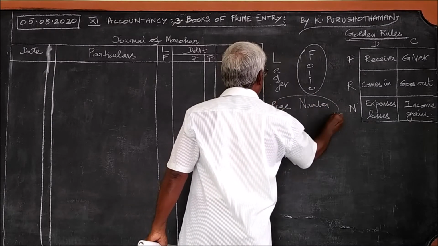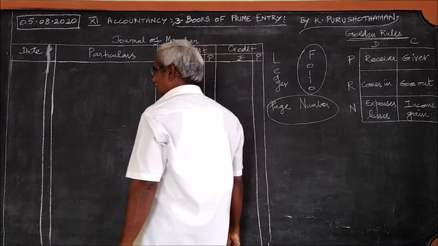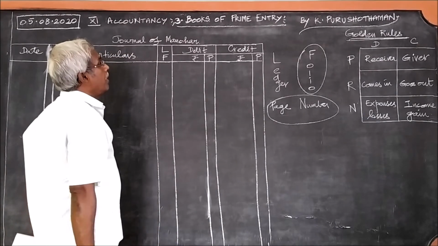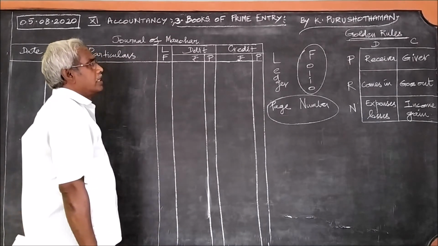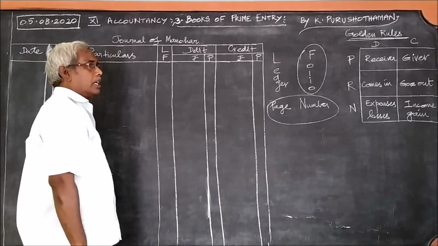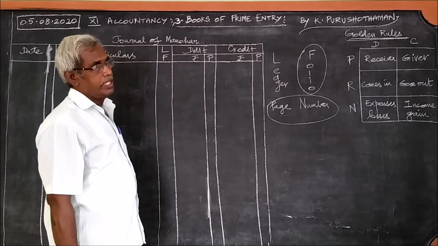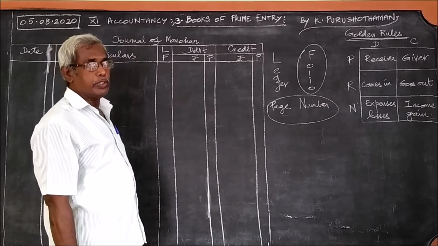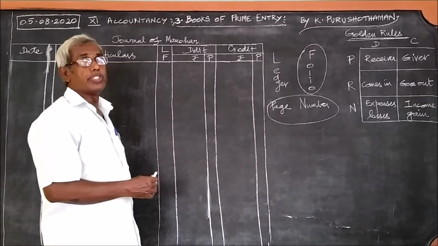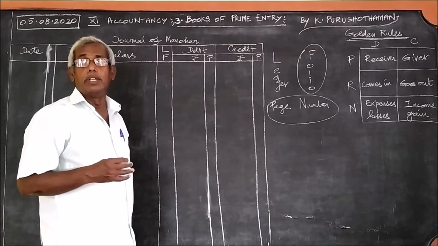That is, ledger page number is called ledger folio. Shortly we write LF, and there is one column for debit and the other column for credit. This is the format. Learn it thoroughly, because this will be very helpful in whatever study you do in future. This is the basic of accountancy, how you should prepare the journal entries.